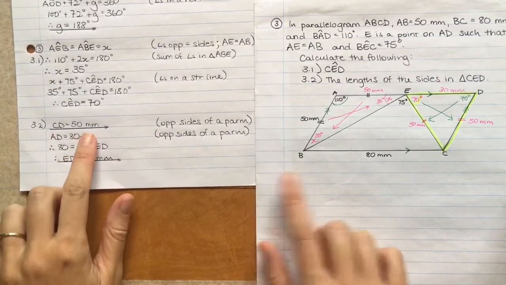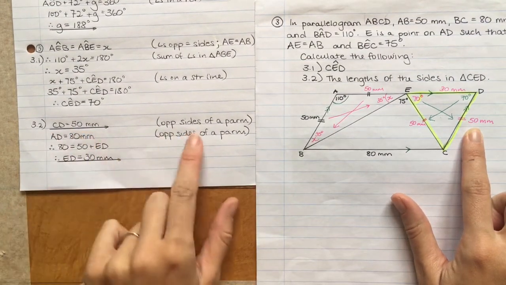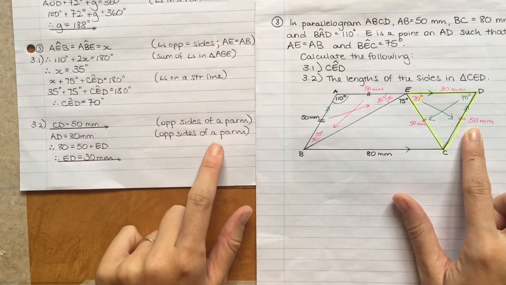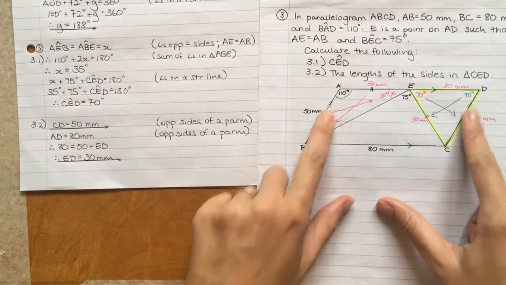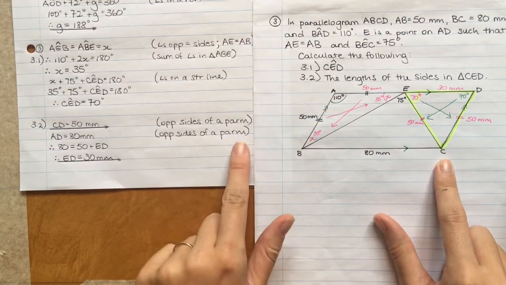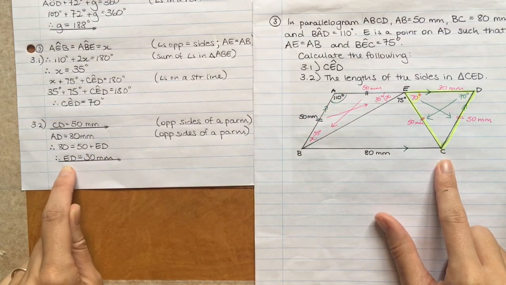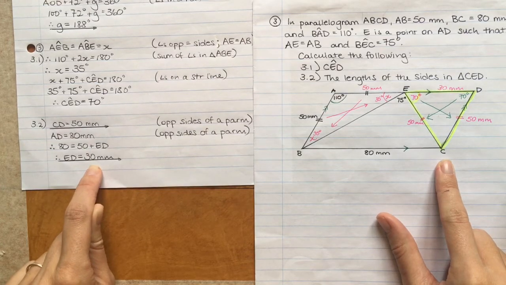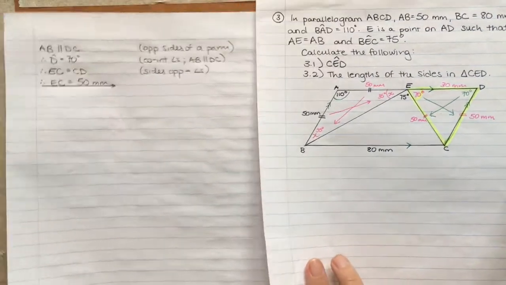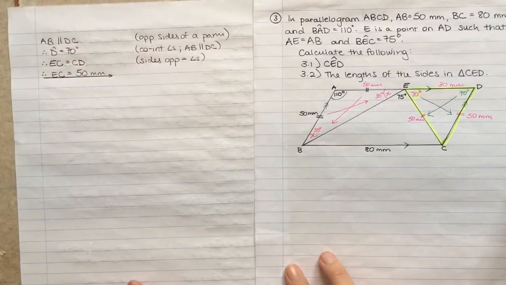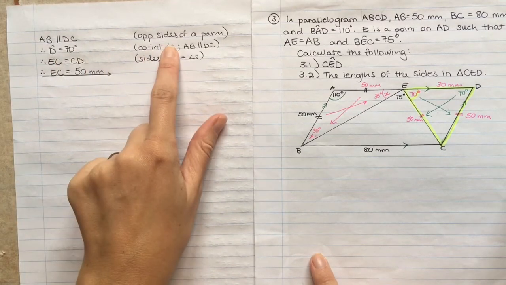Okay, so let's look at my solution. Again, CD equals 50. That was easy. Opposite sides of a parallelogram, we did that right at the beginning. AD is equal to 80, opposite sides of a parallelogram. Therefore, simple algebra, ED is 30 millimeters. Okay, so those are the easy ones. Then, state which sides are parallel, because it's a parallelogram.